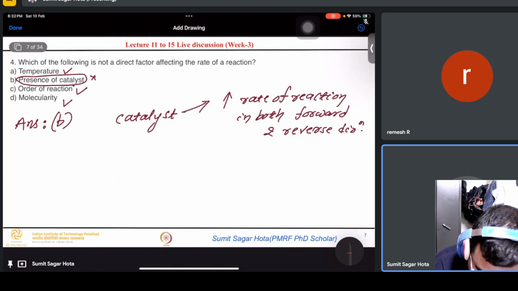We need to know whether it is taken only in the forward direction, or in the reverse direction, or both.